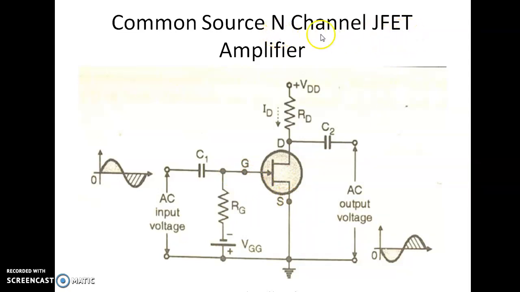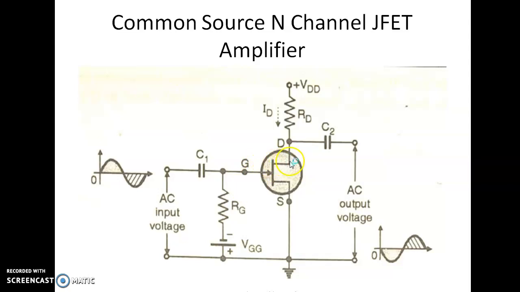Why is it an N channel? Because there is an N type channel between the source and drain terminals, and a P type region towards the gate. Biasing is required here. Biasing means applying an external DC voltage source to a semiconductor device.